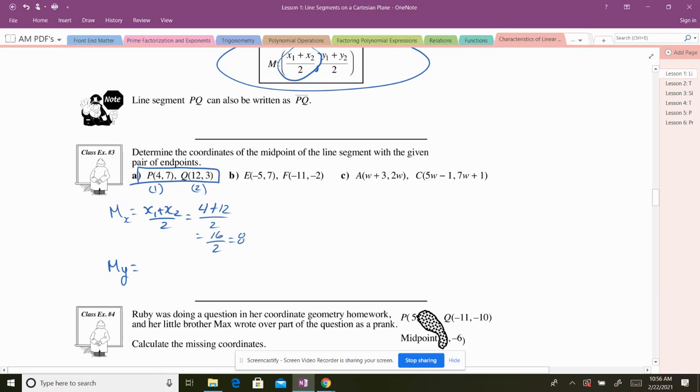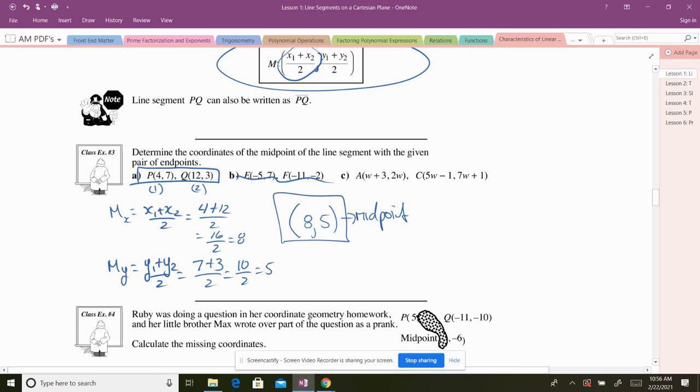The midpoint y value is going to be y1 plus y2 over 2. 7 plus 3 over 2 is 5. So now we have 8 and 5. So the midpoint, we're not doing B, is 8 and 5.